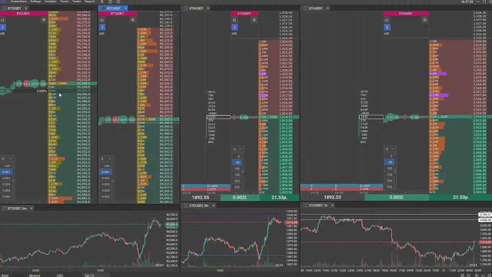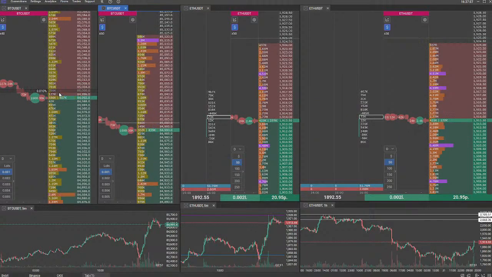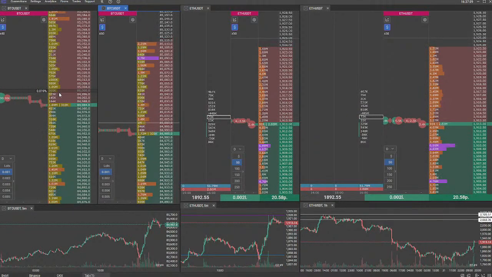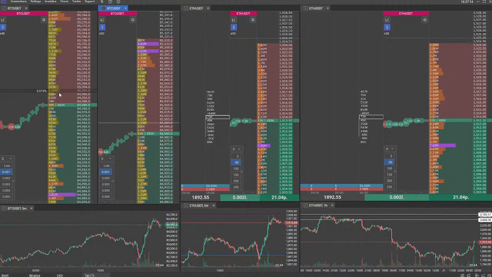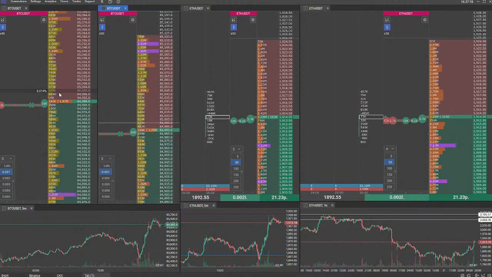Then you start playing a different game, because it's all about how much time they give you to understand their game. If these guys are so fast, I won't be able to understand what they're up to.